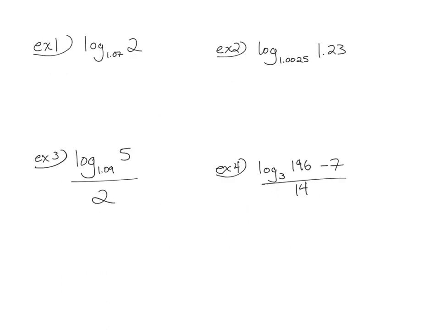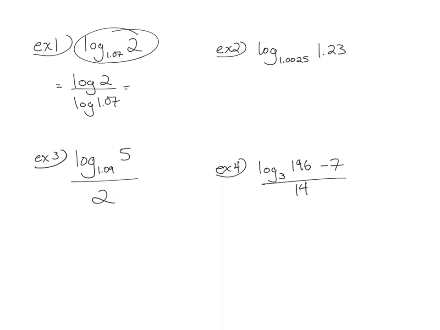As promised, some examples. We want to estimate these logs with wacky bases, and the reason this is happening is because of something you'll see regarding interest formulas very soon. So we'll get there when we get there. We can write this log as log of 2 over log of 1.07.